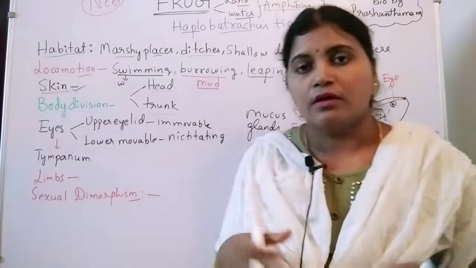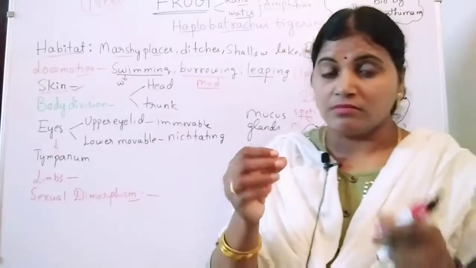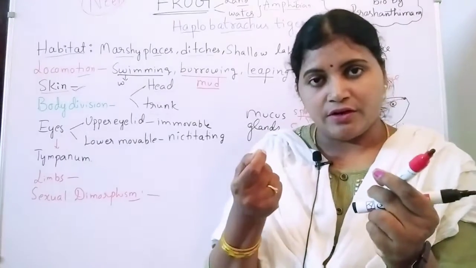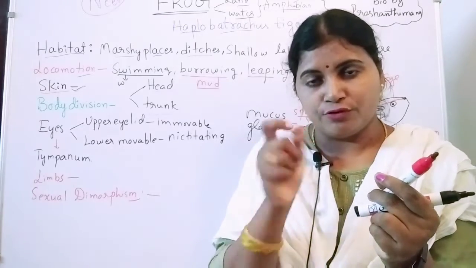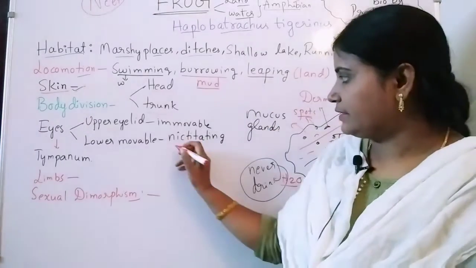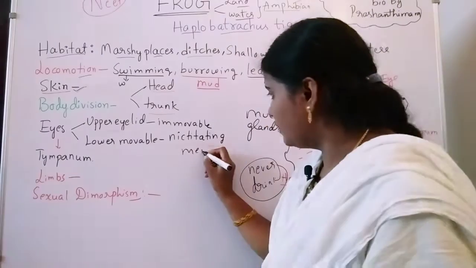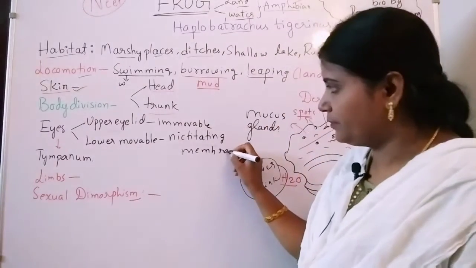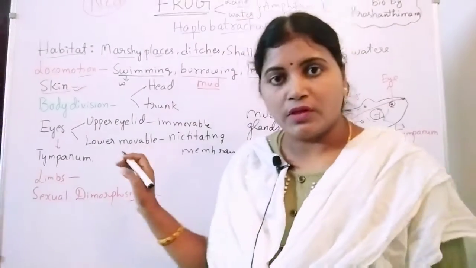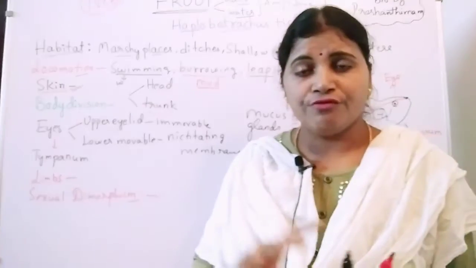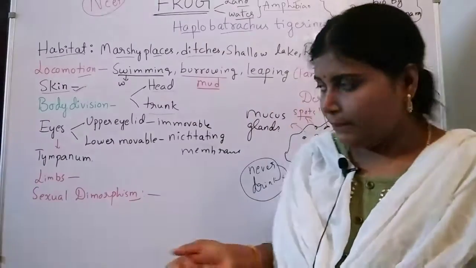Lower eyelids are movable. But when it comes to the end of the lower eyelid, it folds and forms a nictitating membrane. Okay, the lower eyelid is folded into nictitating membranes.